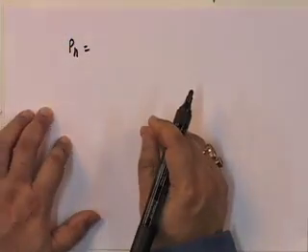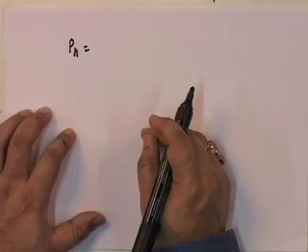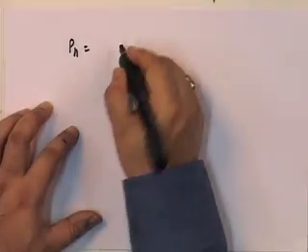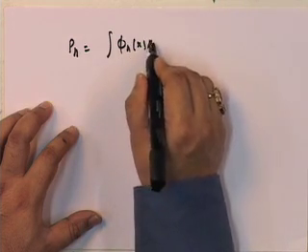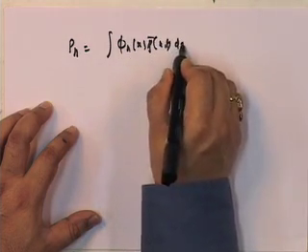So, I am still on step 3, finding out the generalized mass and the generalized loading. P n is equal to the integral of phi n x p bar x of t dx.